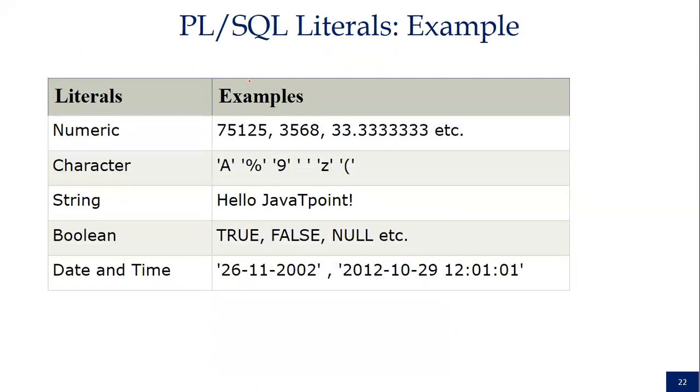For example, a numeric literal is in number form, a character literal is within single quotes, a string is multiple characters together in single quotes, and boolean is true, false, null, etc. Date and time you can also specify. All these things will be considered literals.